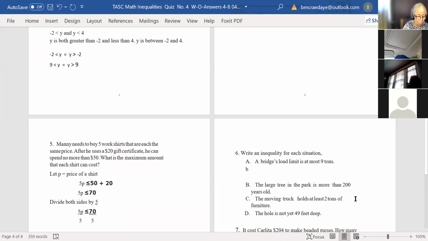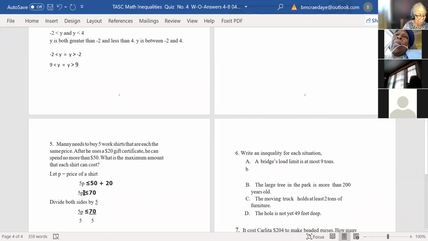What is the inequality symbol? We said it's at most, right? Yes, at most means less than or equal. So what would I write, Vanessa? B, less than or equal to.